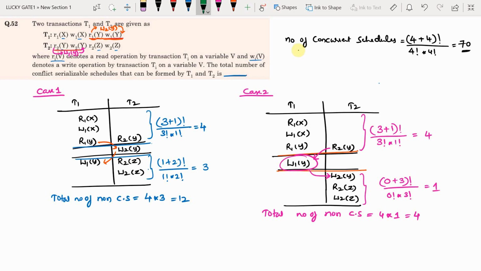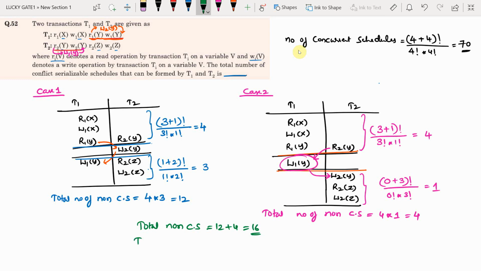Now the question is to find the number of conflict serializable schedules. In case 1, we have total possibilities 4 into 3. In case 2, we have total possibilities 4 into 1. So the total of case 1 and case 2 non-CS schedules are 12 plus 4, which equals 16 possibilities.